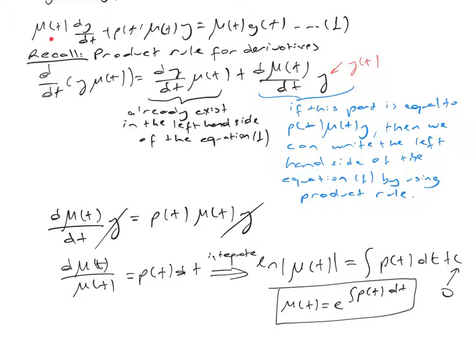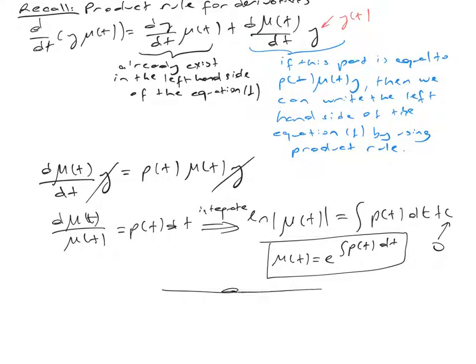And let's turn back to equation 1. By using the product rule for the left hand side of the equation 1, we can write the equation 1 as d over dt of mu of t times y of t is equal to mu of t times g of t.